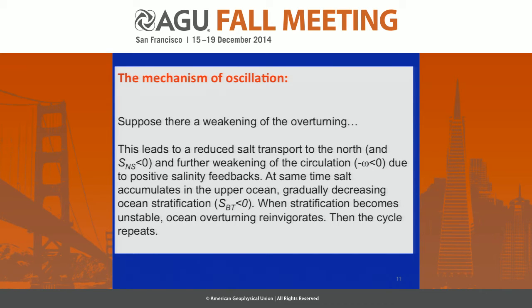At the same time, salt accumulates in the upper ocean, gradually decreasing ocean stratification, and when stratification becomes unstable, ocean overturning reinvigorates. Then the cycle repeats. And apparently during the glacial interval, the salinity feedback is just stronger because of the shift of deep water formation that gives rise to more instability.